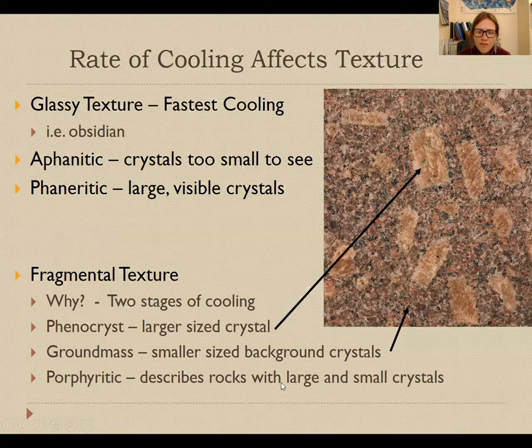And that is a rock that has both larger sized and smaller sized crystals. So the smaller sized crystals in the background are referred to as the groundmass. And then the larger sized crystals are referred to as phenocrysts.